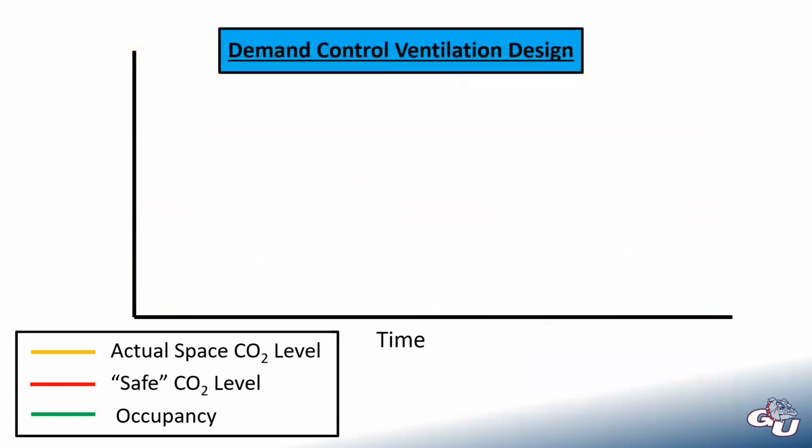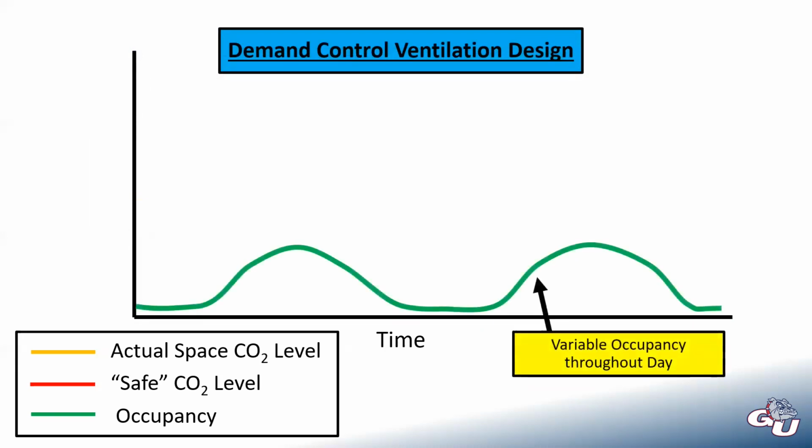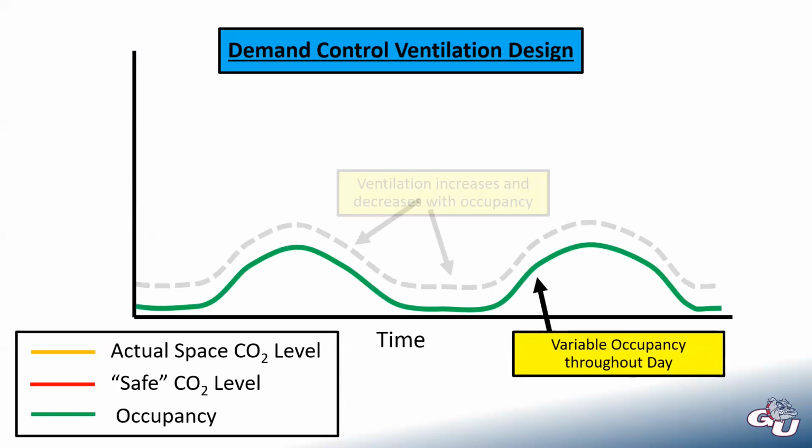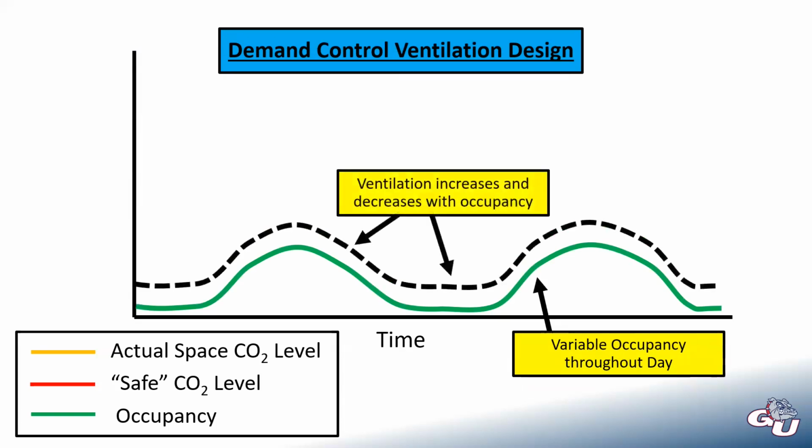Compare this to a demand control ventilation design. Let's assume identical occupancy, the same exact room. So we have two events where we see a large increase in how many people are in there. But now we're going to vary the ventilation with our occupancy. So as people load up, our ventilation is going to increase and vice versa.